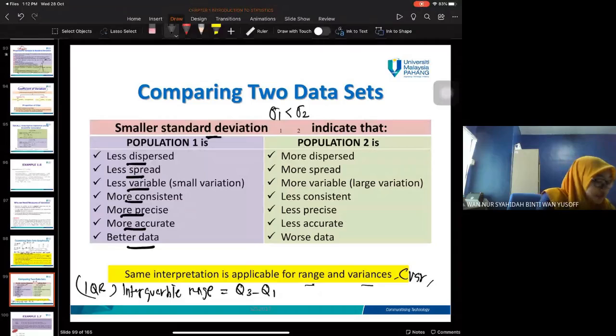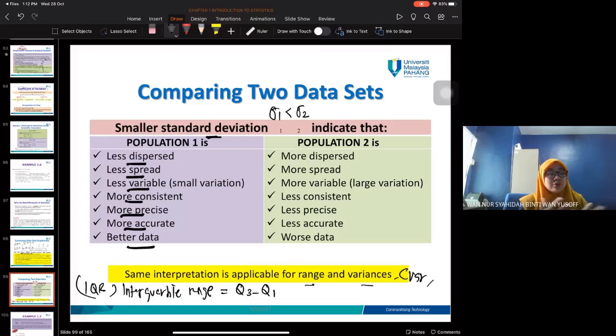So you have to be well known with the terms here. In your assessment, we could use one of these terms. When we say less separate, what does it mean? It means smaller standard deviation, we need smaller variability.